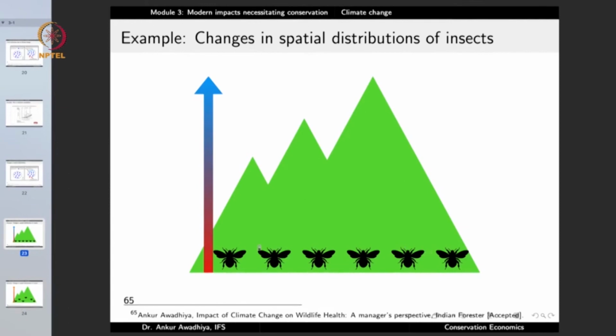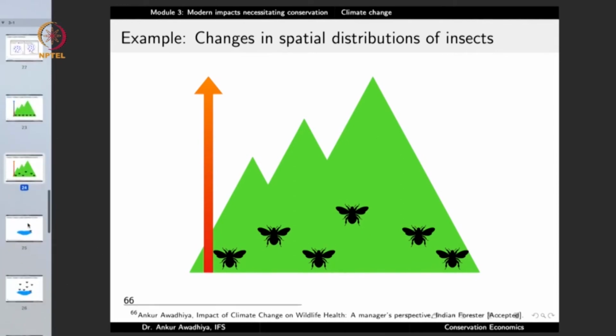Because of that, a number of species of insects are only localized in the lower heights of the mountains. Now, as the temperatures are rising, these cooler areas are also now becoming warmer. So as temperatures rise, these insects, which were earlier only in the lower altitudes, are now able to reach into the higher altitudes. So we are observing changes in the spatial distribution of insects.